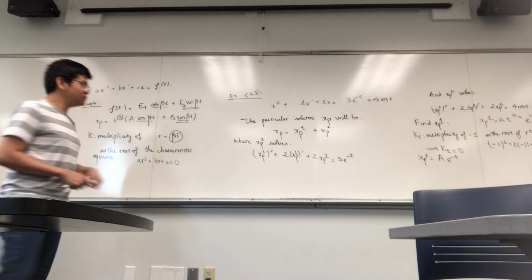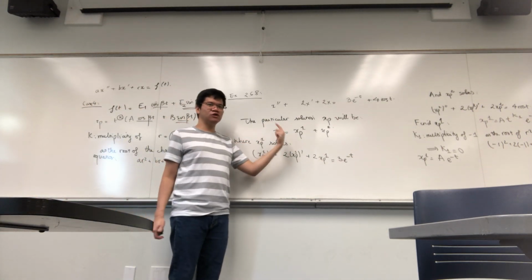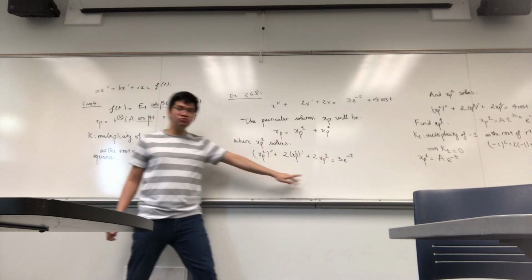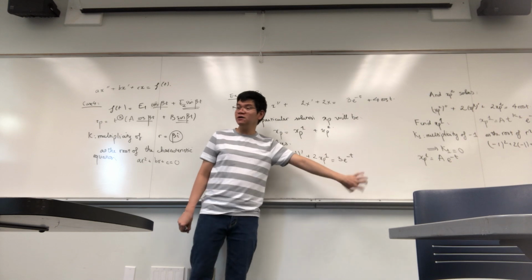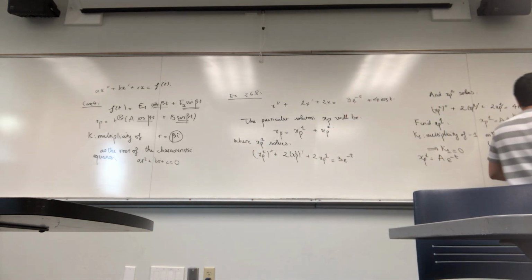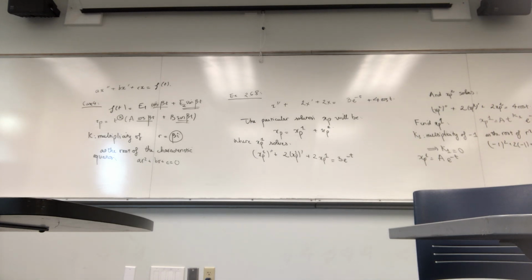What you do is find a particular solution which is the sum of two particular solutions of two inhomogeneous equations. One is with 3e to the power minus t, and the other one is with 4 cosine t. All right? Questions?